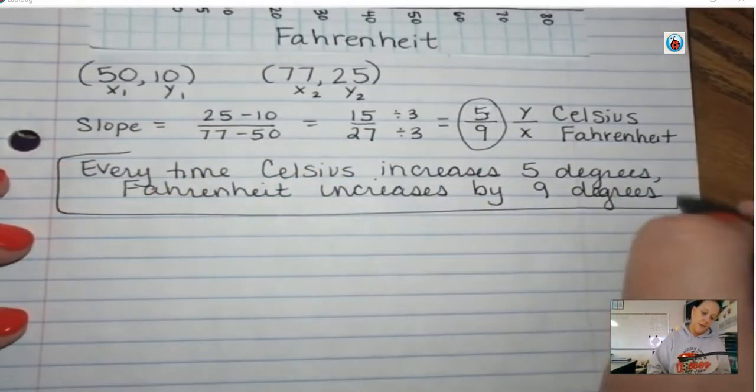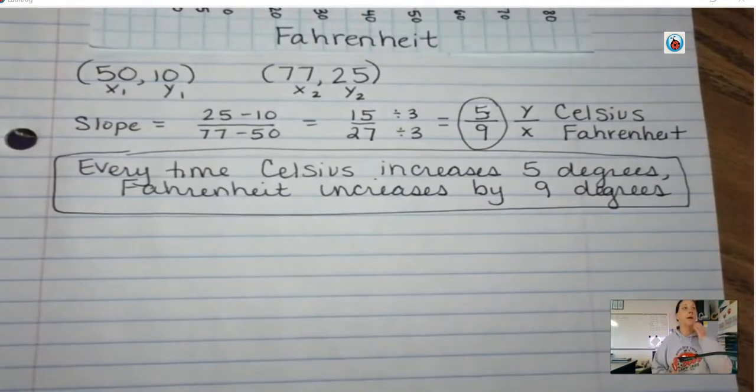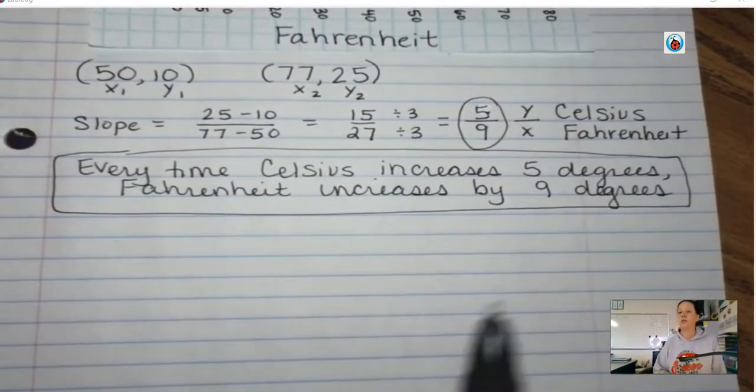When it says interpret, that means write me a sentence on what it means in terms of the situation. So 5/9 just means Celsius increases 5 degrees, and then the Fahrenheit would increase by 9 degrees.